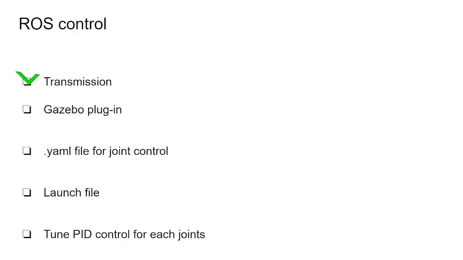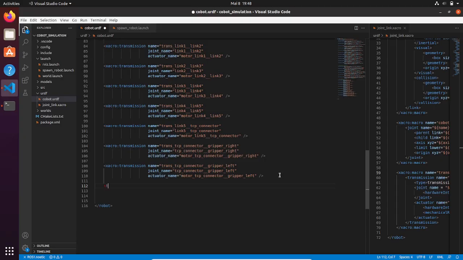And then what we need to do is to create our Gazebo plugin. Why is that? Because as I said to you, we need a tool, or better, a plugin that allows ROS, or better, ROS control, to communicate with Gazebo, which is another type of software, a physics software.